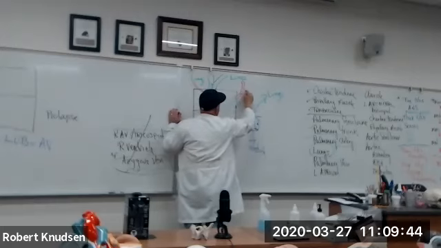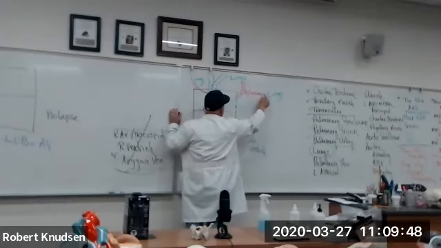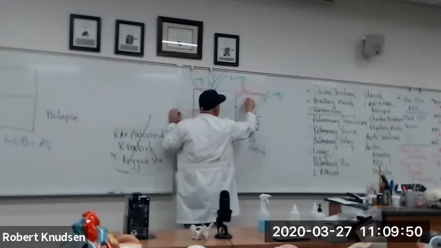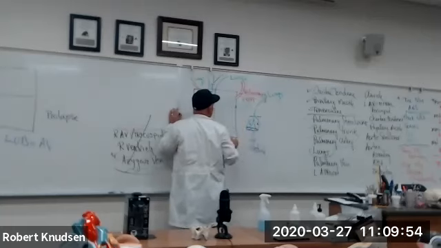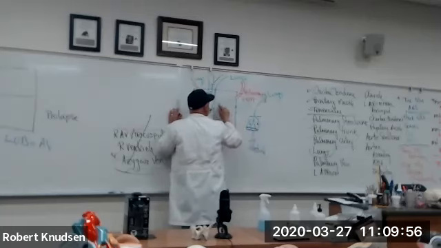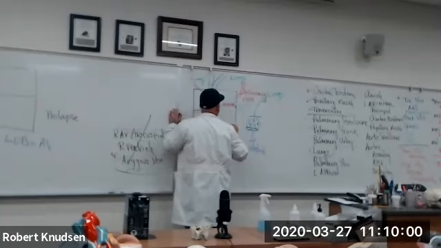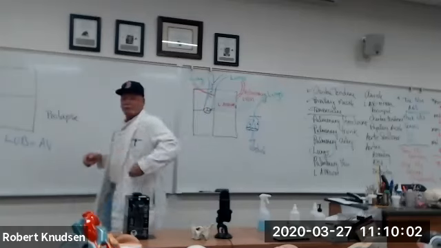These are pulmonary veins, because we're carrying blood back to the heart. And it's going to go into the left atrium. Okay, I'm going to go through that with the model for you.